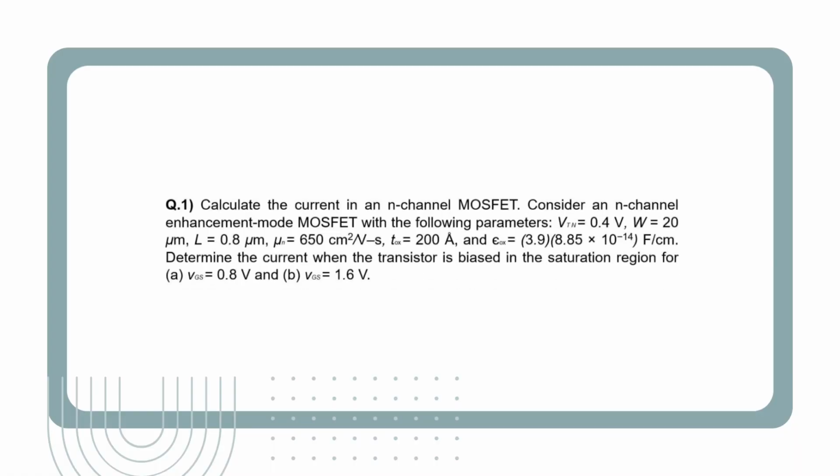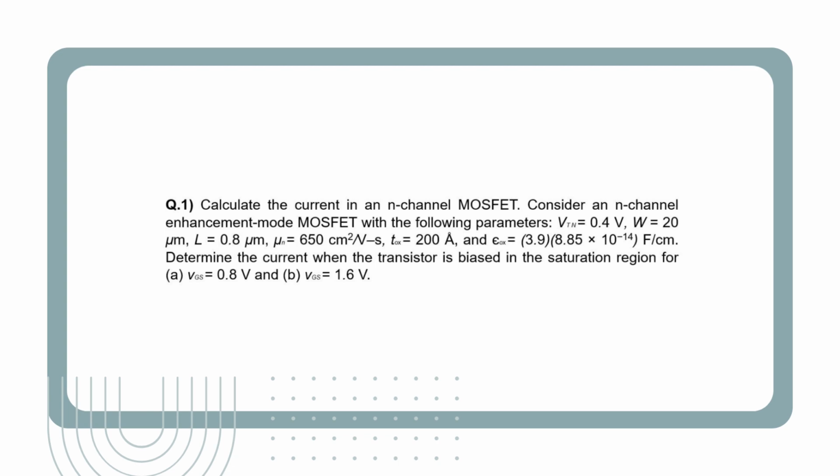To calculate the current in an n-channel MOSFET, consider an n-channel enhancement mode MOSFET with the following parameters: Vt equals 0.4 volts, W equals 2 micrometer, L equals 0.8 micrometer, mu equals 650 centimeter square per volt second, oxide thickness equals 200 angstrom, and the permittivity is given as 3.9 into 8.85 into 10 to the power of minus 14 farad per centimeter.